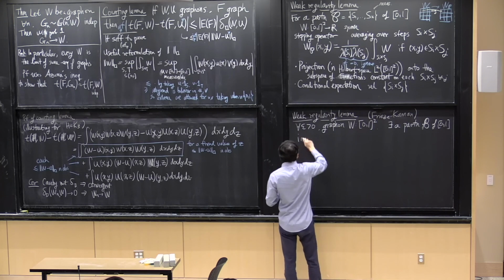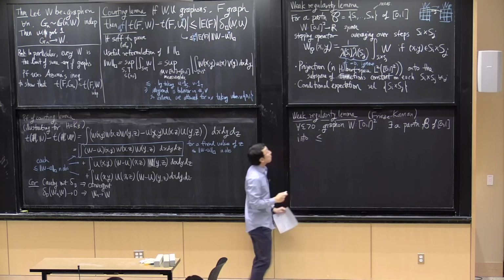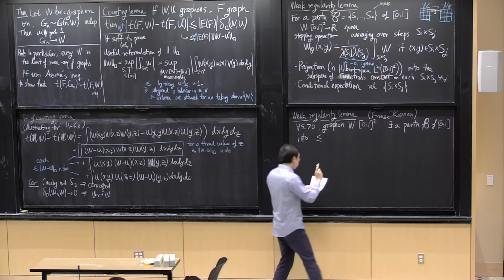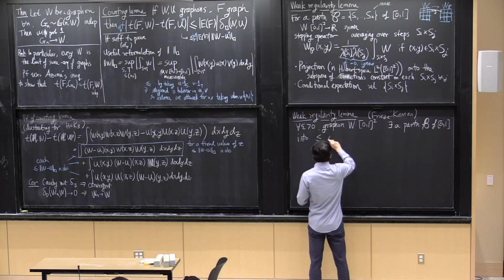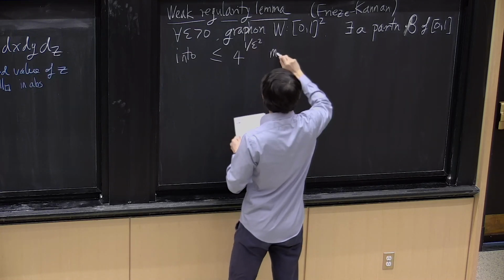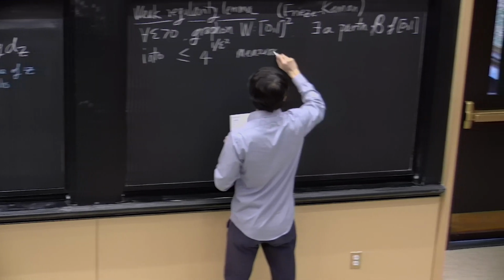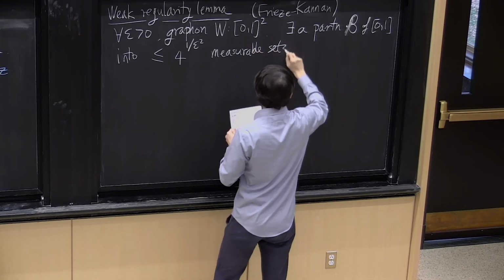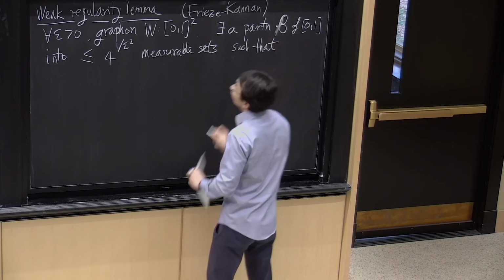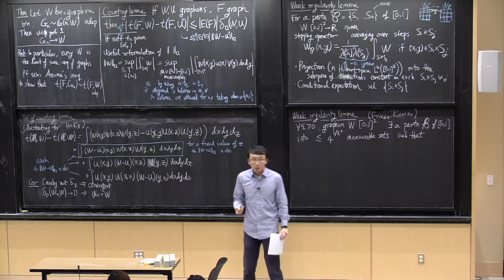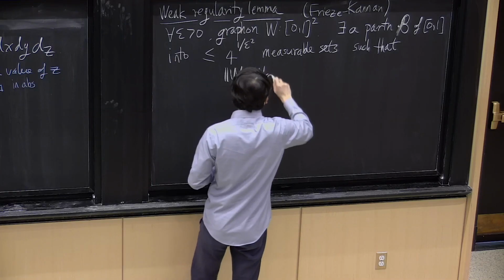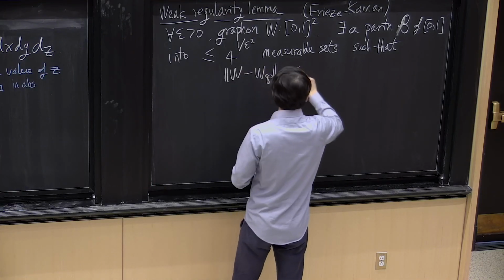And now I tell you how many sets there are. So it's a partition into, not a tower type number of parts, but only roughly an exponential number of parts. So 4 to the 1 over epsilon squared measurable sets, such that if we apply the stepping operator to this graph function, we obtain an approximation of the graph function in the cut norm.